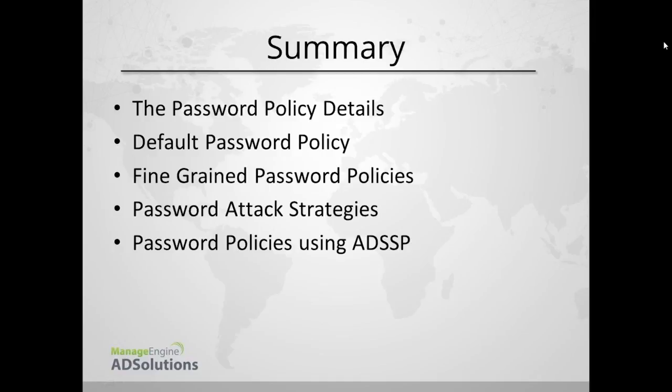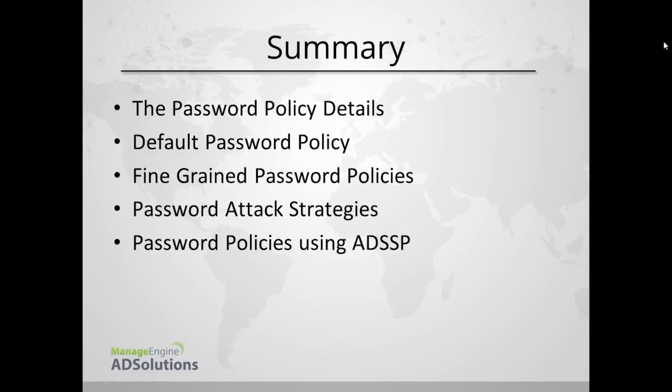I also showed you the dictionary attacks which can be done in these upcoming technologies and how Microsoft does not provide an alternative to combat it. And that's where we need to depend on other technologies such as AD Self-Service Plus.